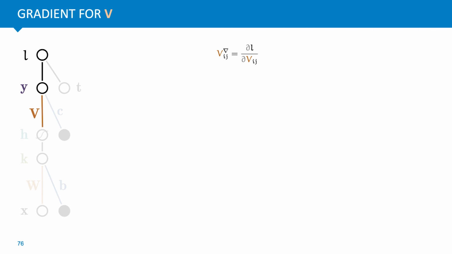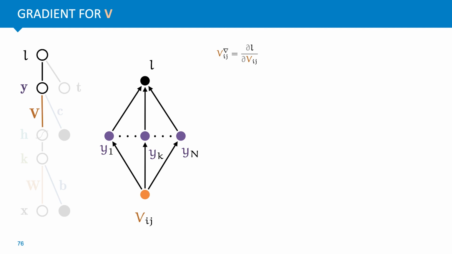Now, the first thing we have to contend with is that in this computation graph, between the loss and this input value Vij over here, there are lots of intermediate values y. So if we want to apply the chain rule to break this up into the derivative of L with respect to y times the derivative of y with respect to Vij, we need to go through all these different paths of the computation graph.